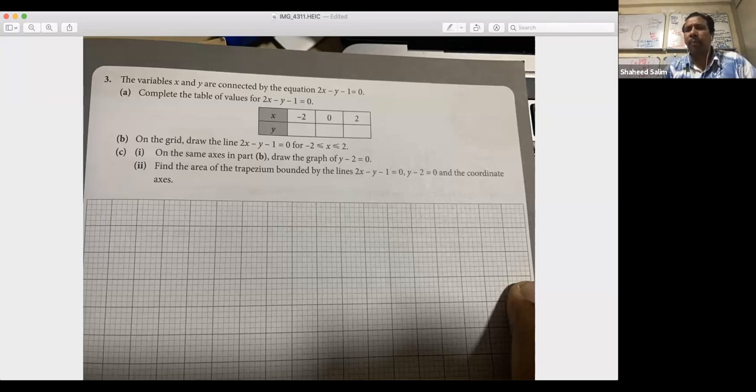Shafi, use raw paper lah, Shafi. Okay, 5 minutes can? You try lah within 5 minutes.